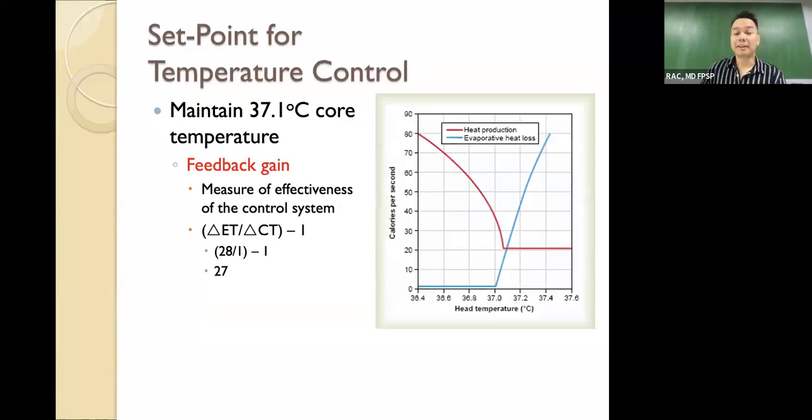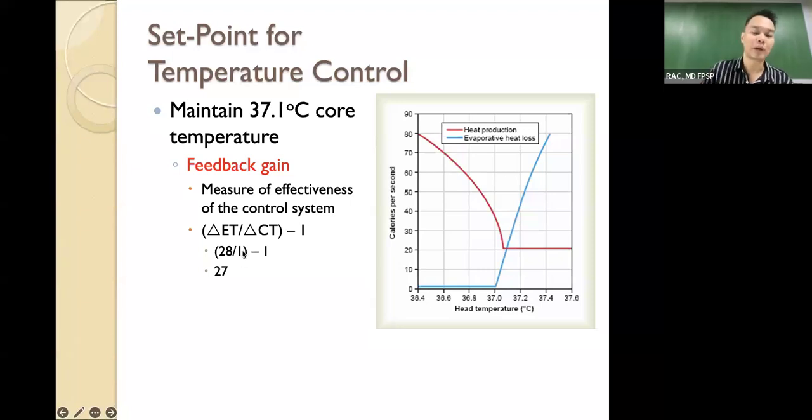Okay, now let's talk about the feedback gain. The feedback gain measures how effective a particular control system is. The greater the value of the feedback gain, the more efficient the control system is. So if you look at the feedback gain of thermoregulation, it is said that for every 28-degree change in environmental temperature, core temperature changes by 1 degree.